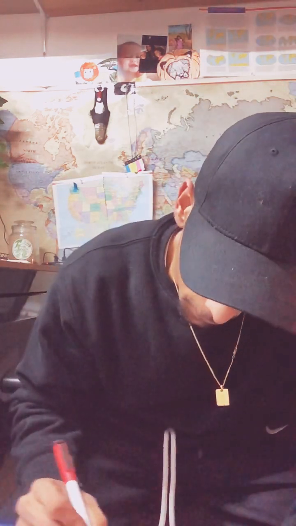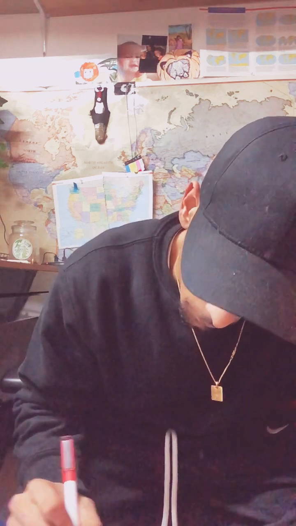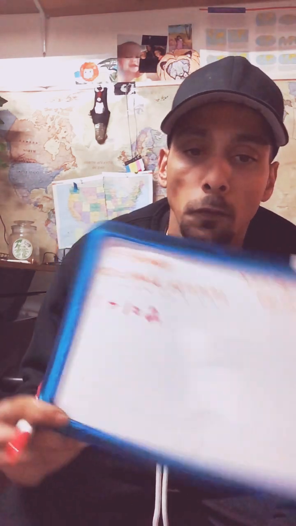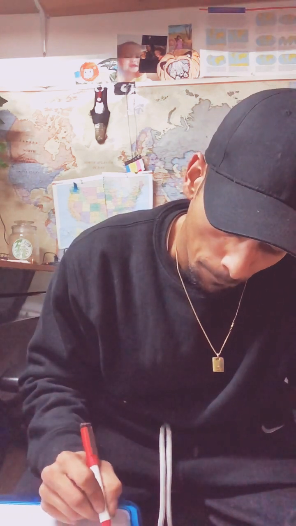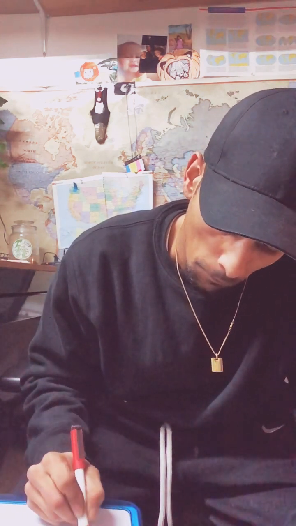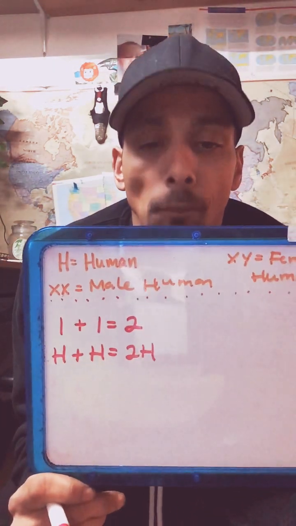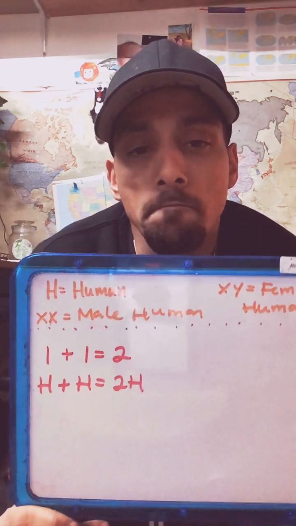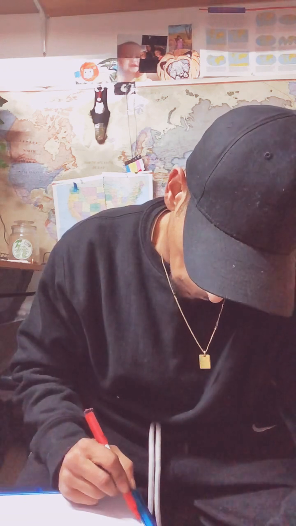So we can agree that one plus one equals 2. So then that means H plus H equals 2H. Alright, keep up.